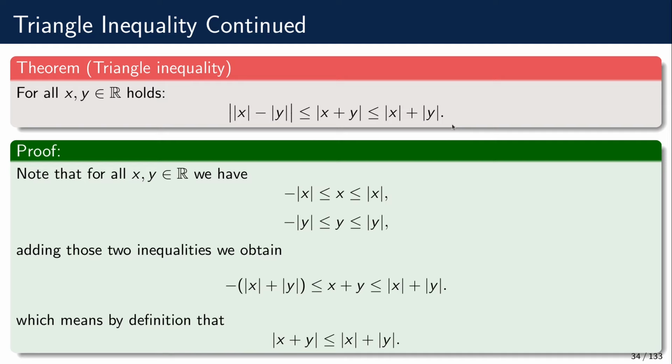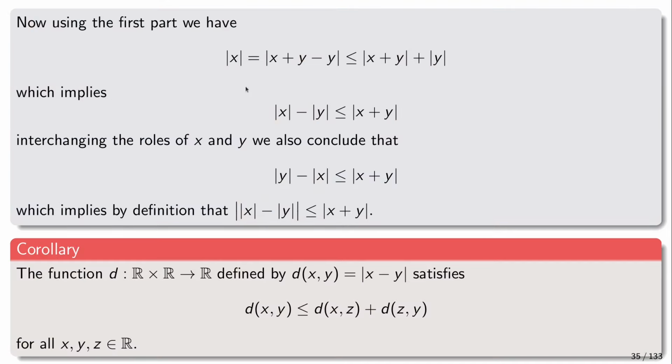Now let's prove the second part. We will use this nice trick, which will be very convenient in other applications, so bear this in mind. We'll write x as x plus y and minus y. So of course the absolute value of x equals this. And now we use the first part of the triangle inequality. So this is no more than the absolute value of x plus y plus the absolute value of y. Now we can switch the absolute value of y to the other side, and we have that the absolute value of x plus y is bigger than that.